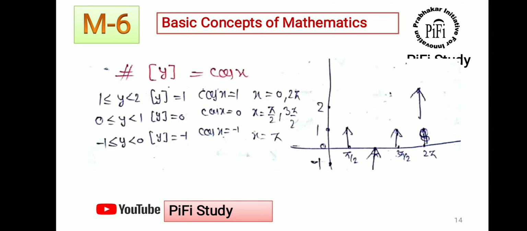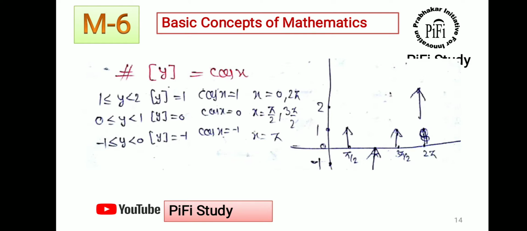So a similar example: if you have to plot y is equal to greatest integer cos x, you will do the same thing. But in this question the greatest integer is taken on y, so your direction of greatest integer will be changed.